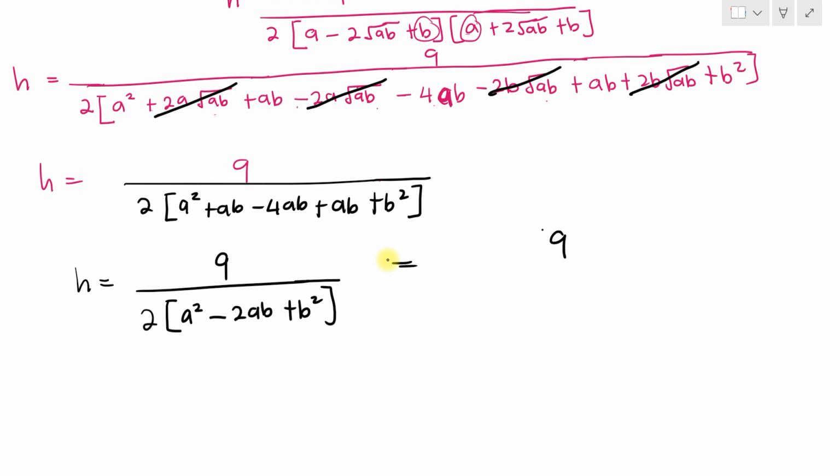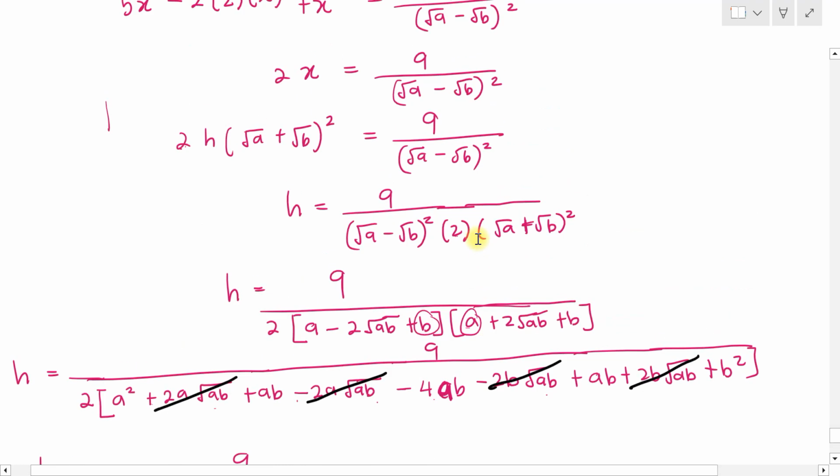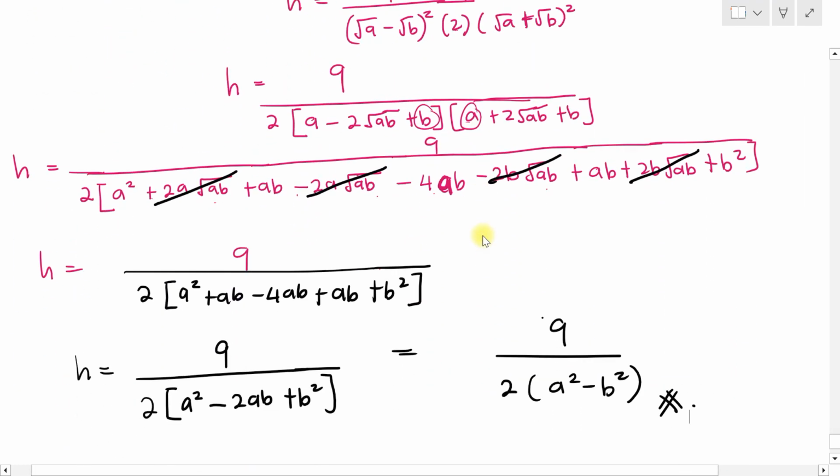This means a square minus 2ab plus b square, we can write as a minus b square. You all know this. But I get these 2. I get almost close to the answer, but these 2. Maybe some mistake happened. Okay. Can you see?